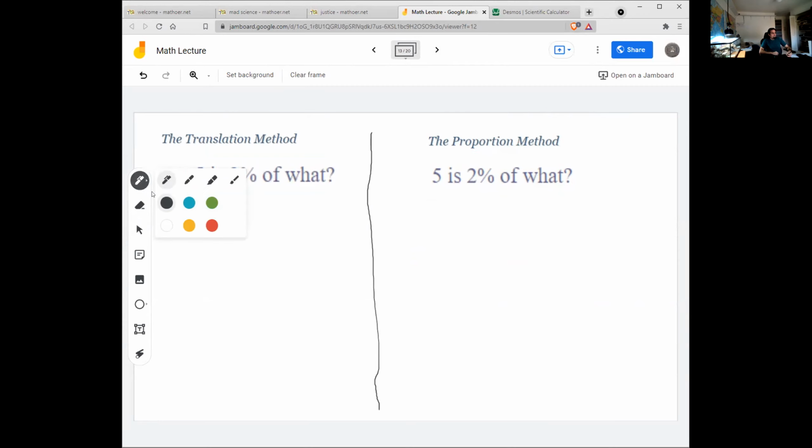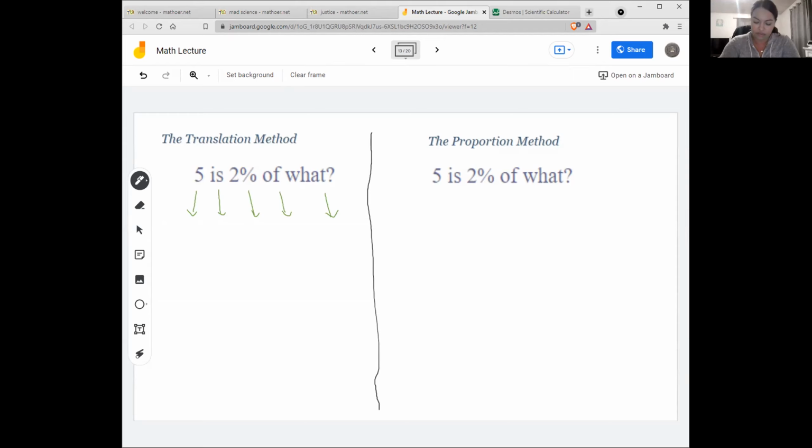Okay, translating. Anyone want to be brave and do the translating, or should I this time? So I think the 5 would stay the same. So it'd be 5 equals.